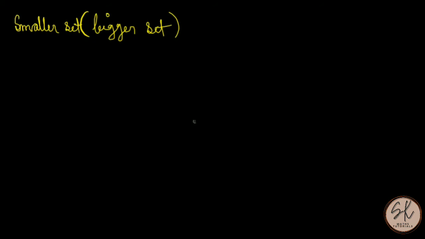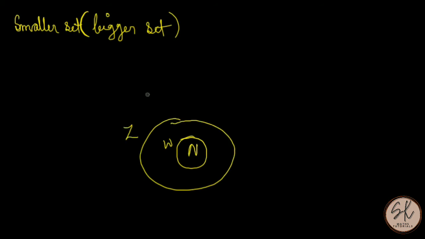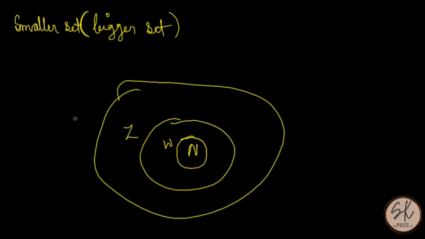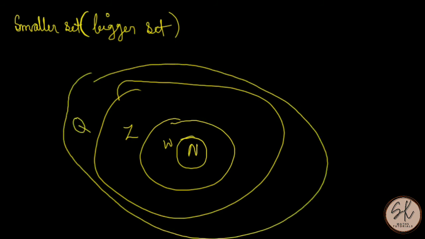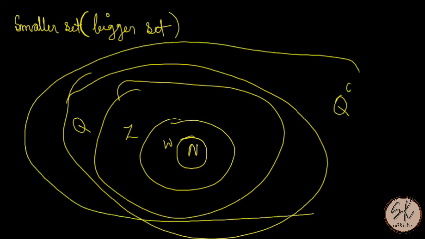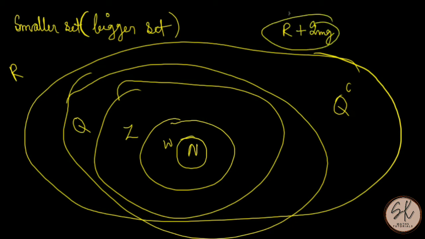Because we know that the natural numbers are contained within the whole numbers, which are contained within the integers, and the set of integers is contained within the set of rationals. The rational and irrational sets are contained within the set of real numbers, and the set of real numbers plus imaginary numbers is contained in the set of complex numbers.